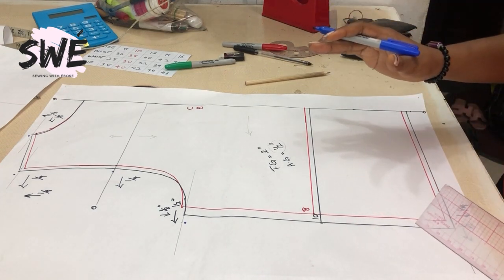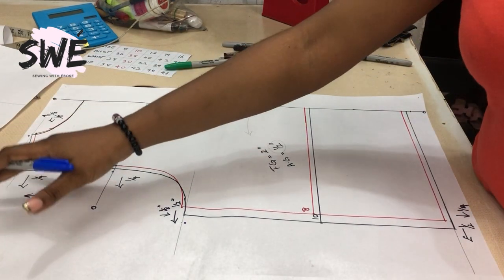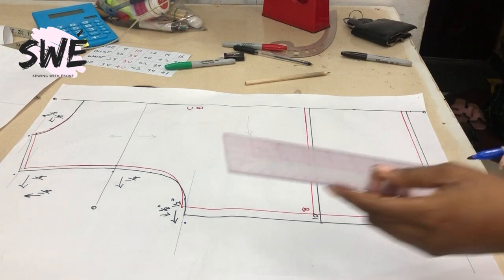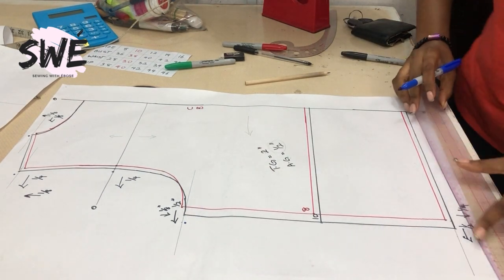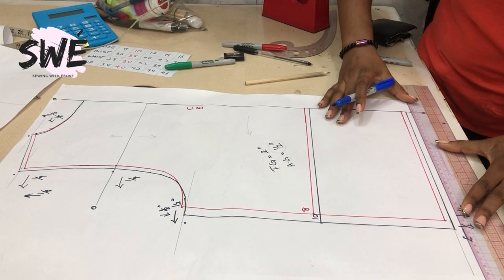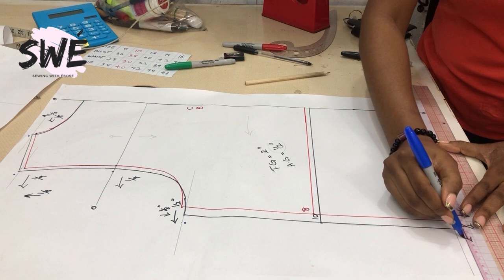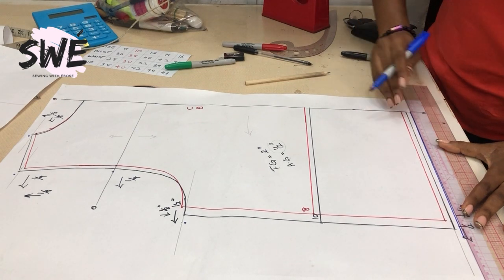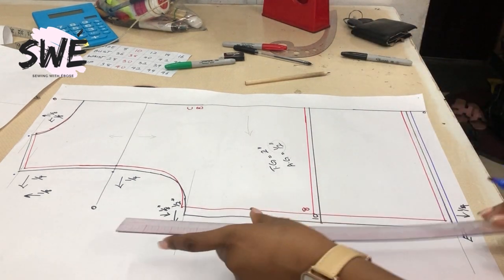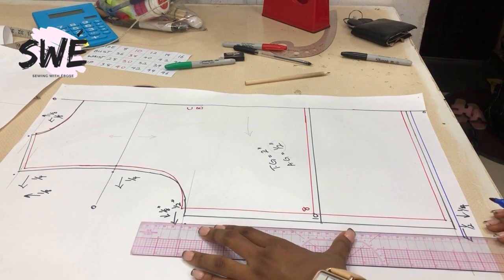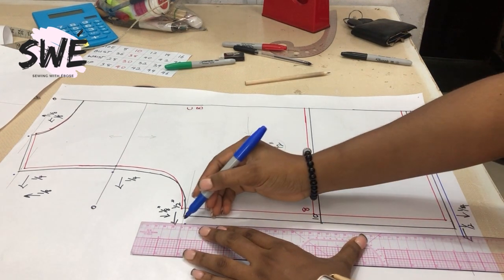We can't see them now, so we are just going to keep connecting all our blue dots. Let's start from here. Make sure you align very well, because accuracy is key in grading. Join that. As usual, we are joining all our straight lines, then we use our pattern to join the curves.